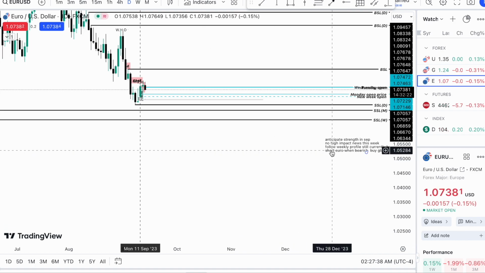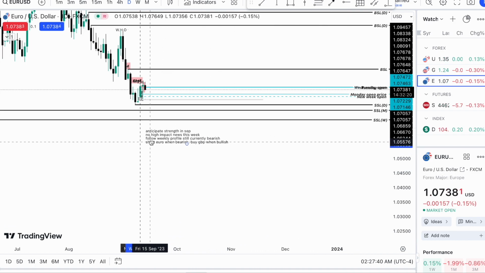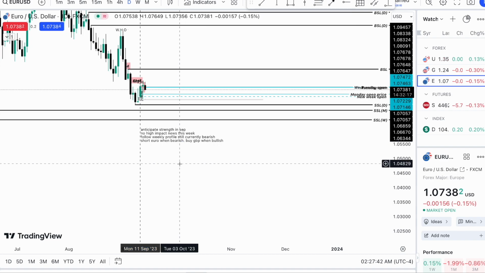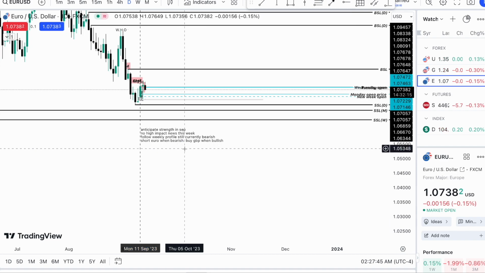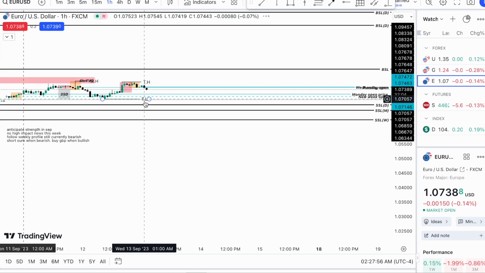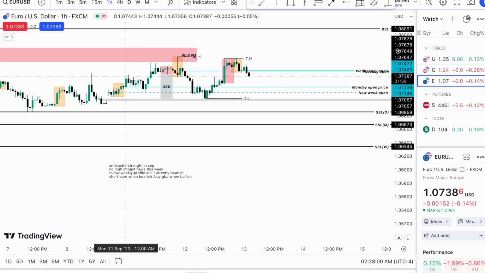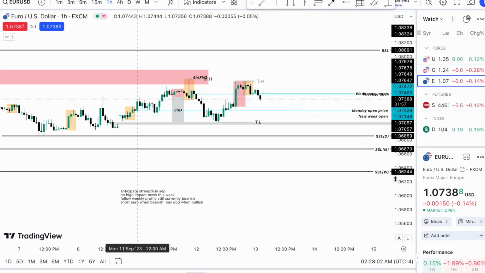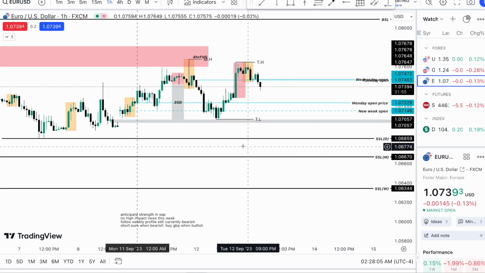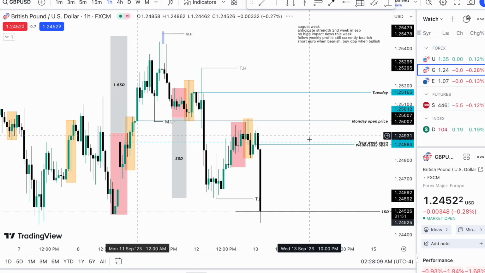See over here, we were anticipating this week, the second week of September, to have some strength. Anticipate strength in September, and so far this week we have seen that Euro has shown us signs that it wants to give us some strength. You go back across the British pound.